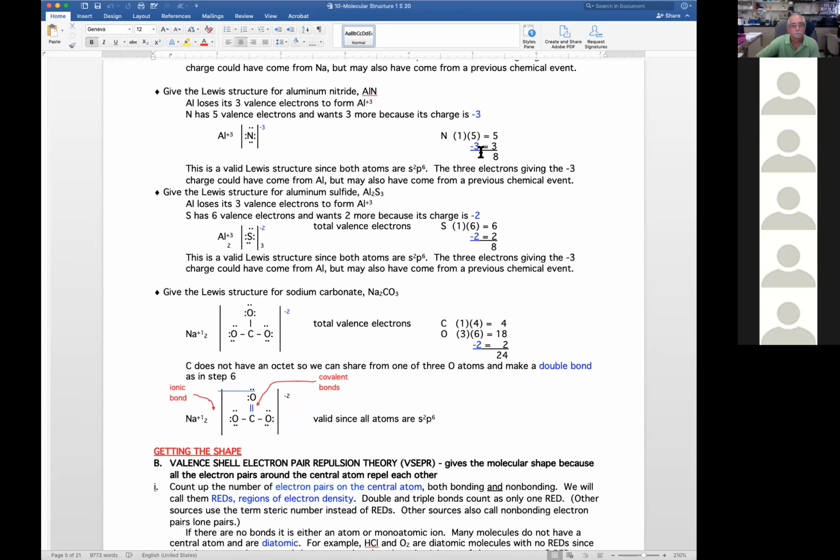Here's another one, aluminum nitride. Okay, so there's the Lewis dot structure for the aluminum ion. Here's the Lewis dot structure for the nitride ion. We're going through this procedure, but because these are mono ions, we're doing the same thing that we did at the end of chapter 9.